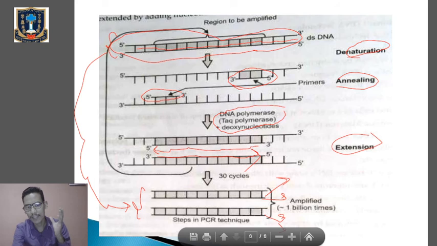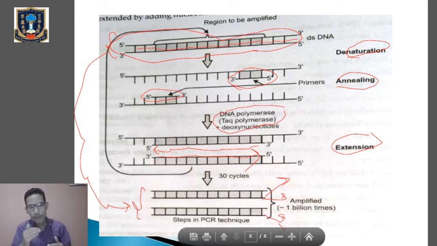Here we require a thermostable bacterial enzyme called Taq polymerase. It is a thermostable DNA polymerase enzyme which can resist high temperatures, obtained from the bacterium Thermus aquaticus. You might ask yourself why we require an enzyme that must be thermostable. Because during denaturation of DNA, in the first step, we apply temperatures up to 90 to 100 degrees Celsius to break down the hydrogen bonds between the DNA strands.